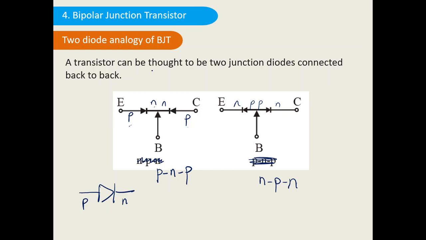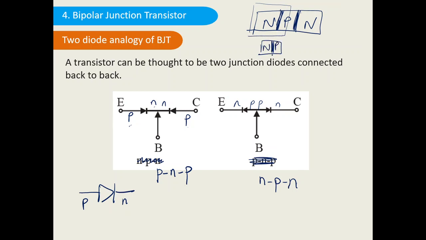So a transistor can be thought of as two junction diodes connected back to back. As I told you, if I consider this NPN transistor like this, this side I can say is one diode, NP.